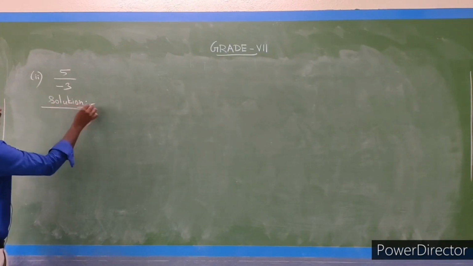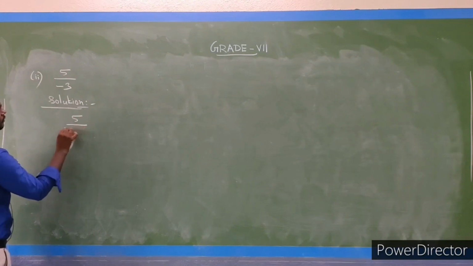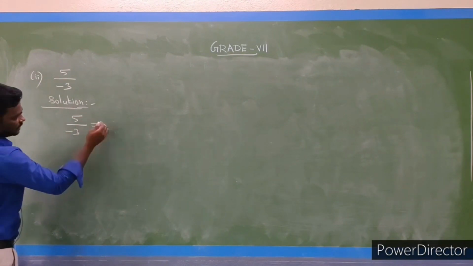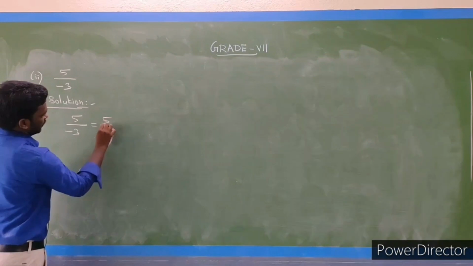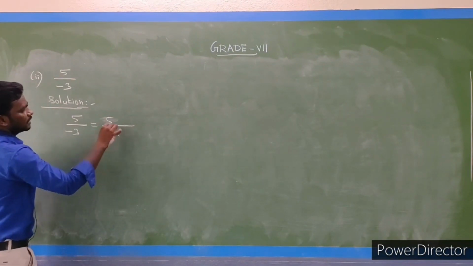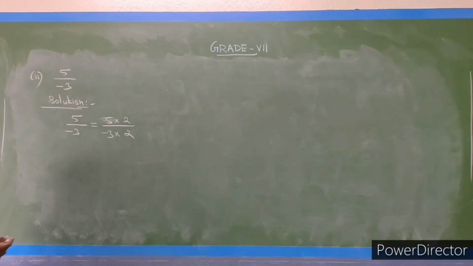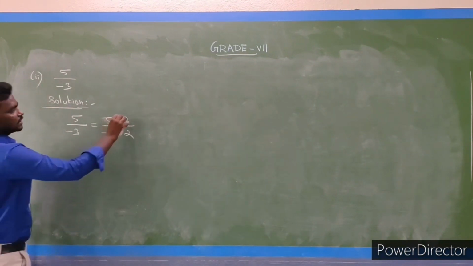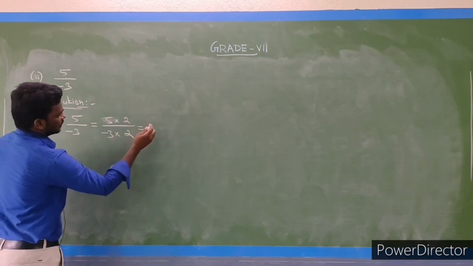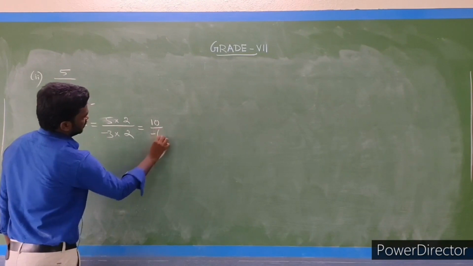The solution is 5 divided by minus 3, which is equal to 5 divided by minus 3 multiplied by 2 by 2, because multiplying by 1 and 1 we get the same numbers. So multiplied by 2 by 2 equals 10 divided by minus 6.